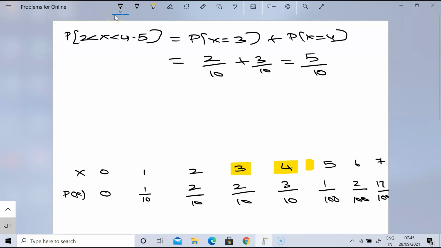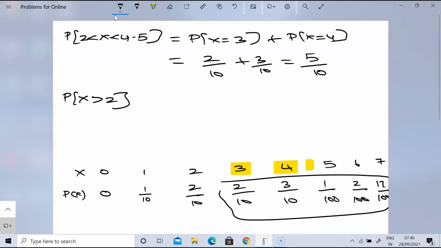The denominator, if you remember, the problem is probability of x more than 2. I will use a trick. The trick here is x more than 2 means I want this entire value. See, I am circling, this is probability of x more than 2. So what does it mean?